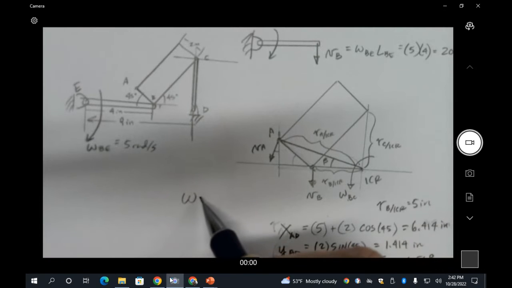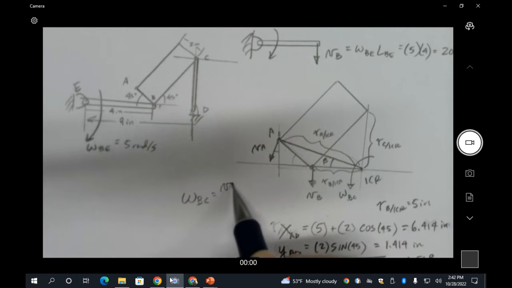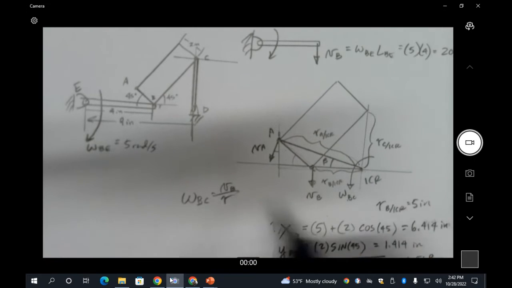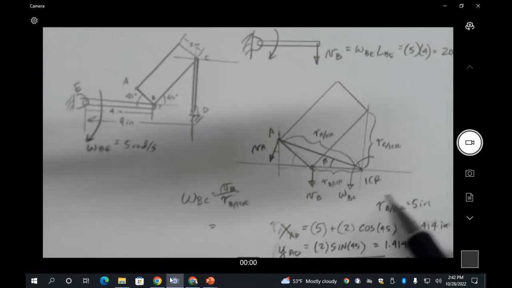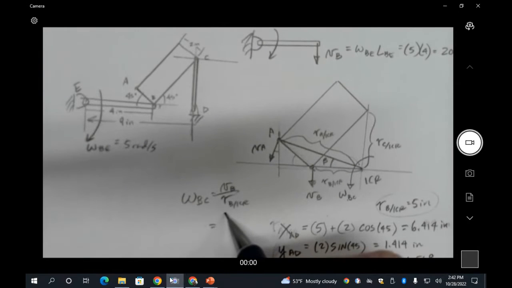So we never got omega BC. It was going to be VB over R B with respect to ICR. So that was that distance right there. So we found that it was going to be 20 inches per second divided by 5.